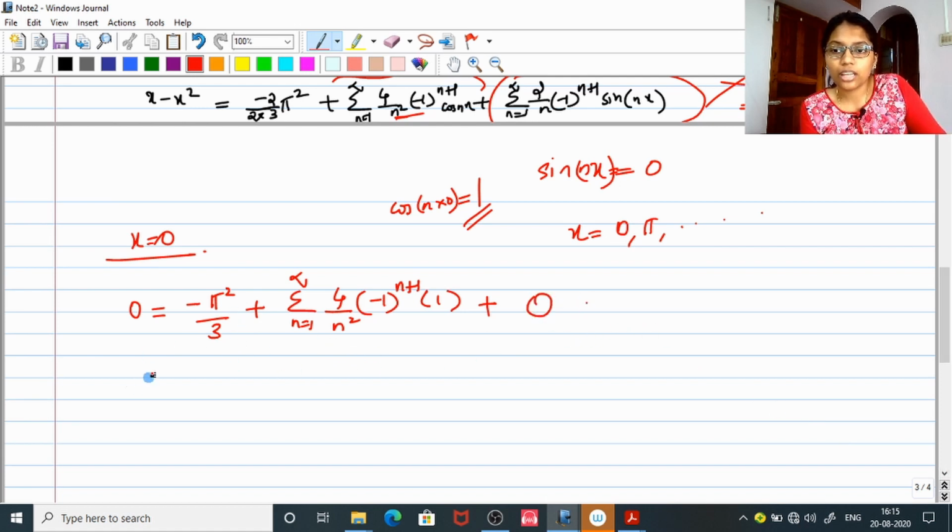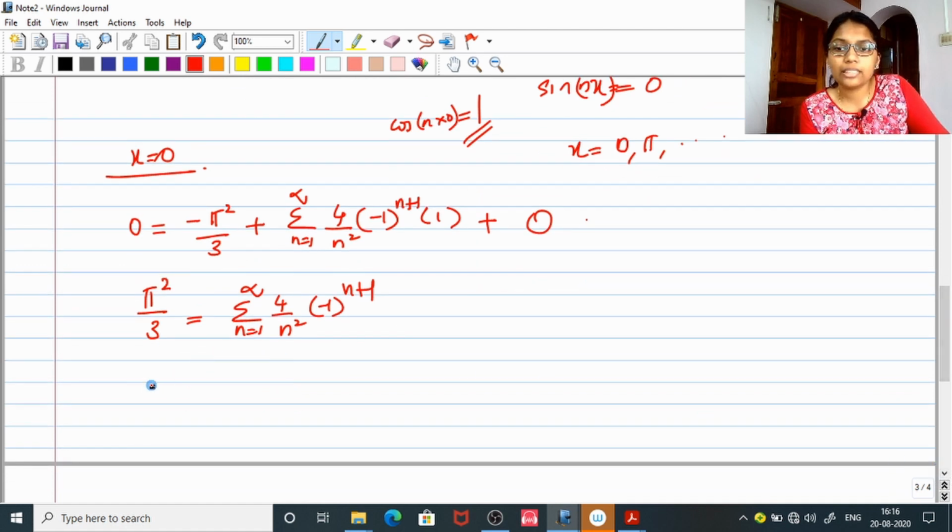Let's rearrange it now. Minus pi square by 3 getting to the LHS becomes pi square by 3 equal to sigma n equal to 1 to infinity 4 by n square minus 1 raised to n plus 1, isn't it? Now let us expand the sigma notation.